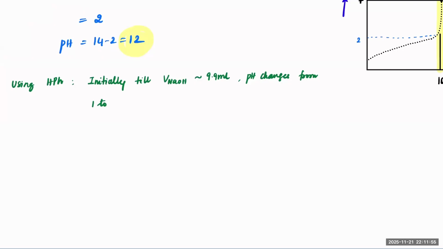Let me just put it as 1 to 2. Therefore the solution remains colorless.